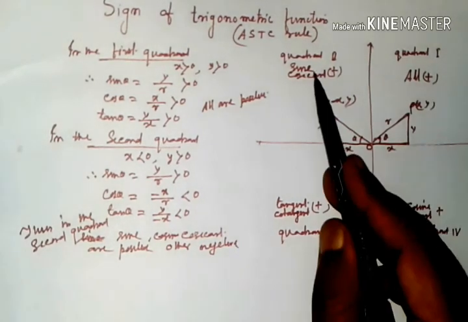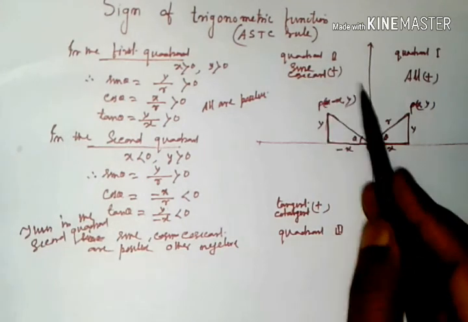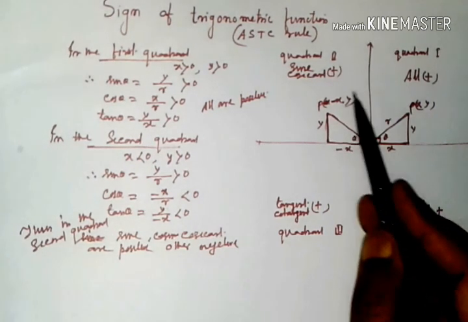So it is sin and cosecant positive, all other negative.